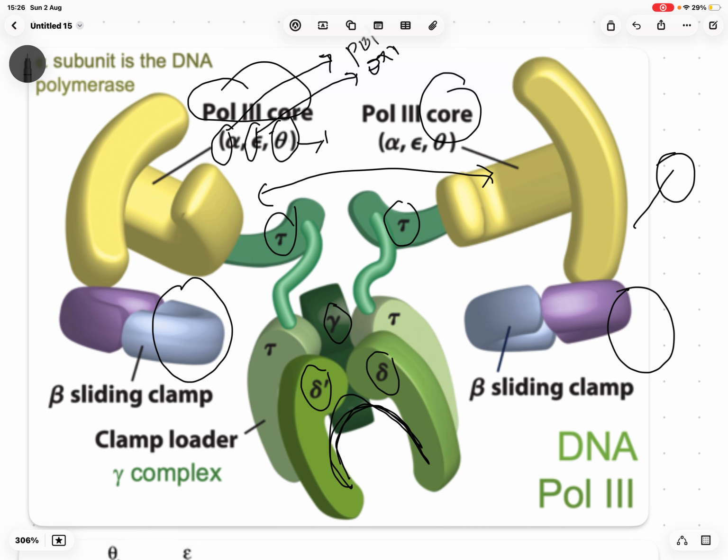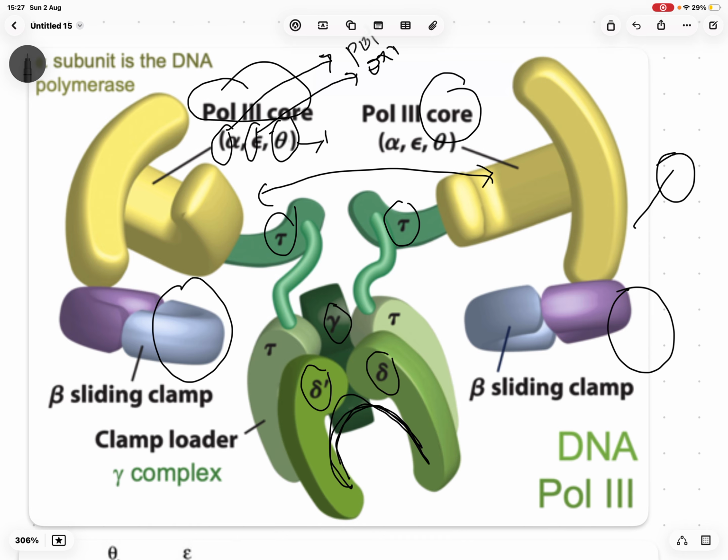Since these clamps are present on the DNA strands, the polymerase enzymes bind to this clamp, so that they don't dissociate immediately once they are loaded onto the DNA strand. That's why their processivity is increased by the sliding clamps. Processivity is very important.